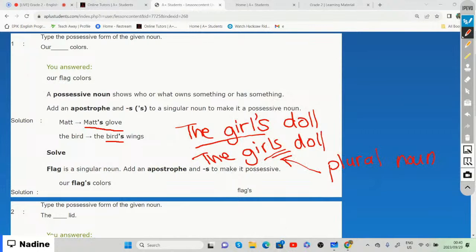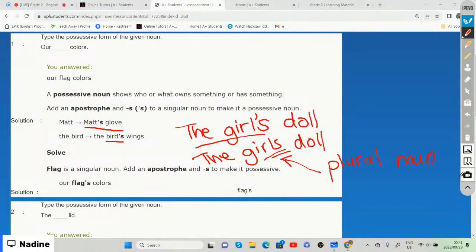The apostrophe and the S basically makes it a possessive noun. But as soon as you forget to put the apostrophe there, then it means that it is basically just a plural noun. It is not a possessive noun at all, right?